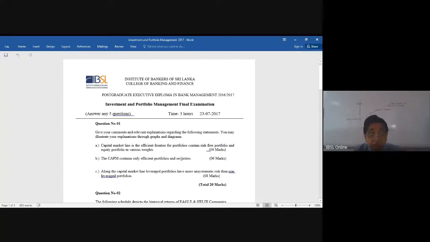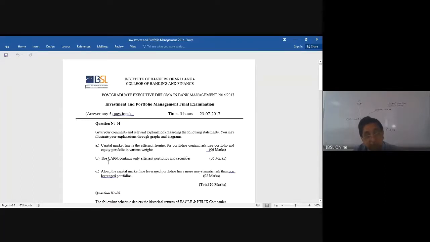Right. So what do you think? The CAPM contains only efficient portfolios and securities. No, it is not the case. Therefore, the particular statement is false. So the answer has to be started by saying that the statement given in part B is wrong.